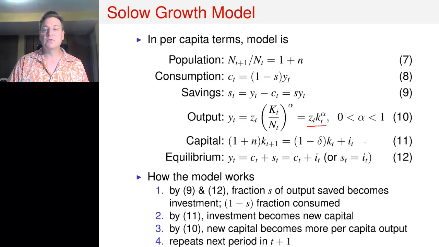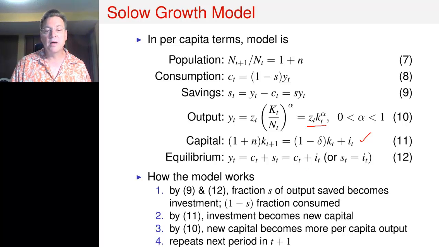And then this just gives us what is also called the law of motion for capital, but this tells you how capital gets accumulated over time. Because this is in per capita terms, it's going to depend both on the growth rate of the population, and on the depreciation rate. And then the equilibrium condition is very simple. It's just all of this stuff in lowercase instead of uppercase.